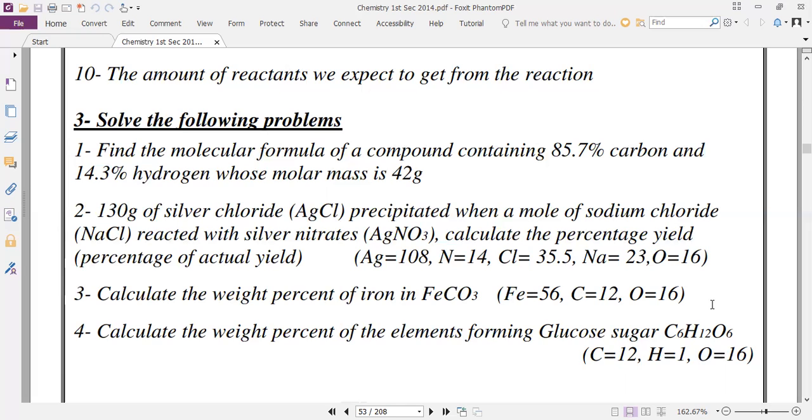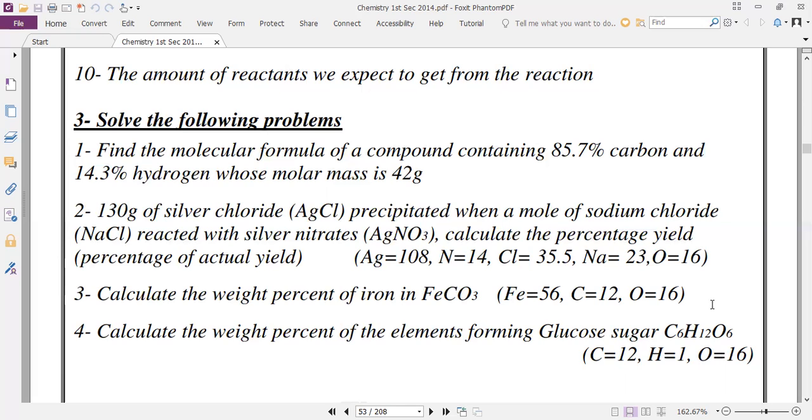Okay. Question number 3. I will get the molar mass of iron carbonate. Equals what? 56 is the molar mass of iron. Molar mass of iron carbonate equals 116. So after that, I will get the mass of iron in 1 mole.